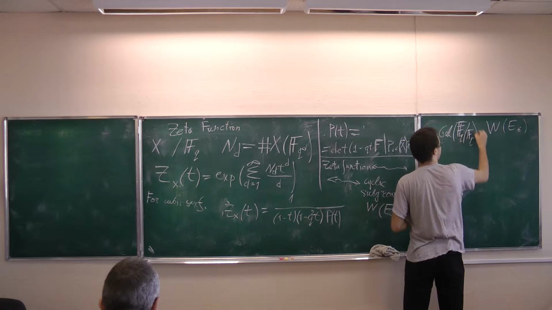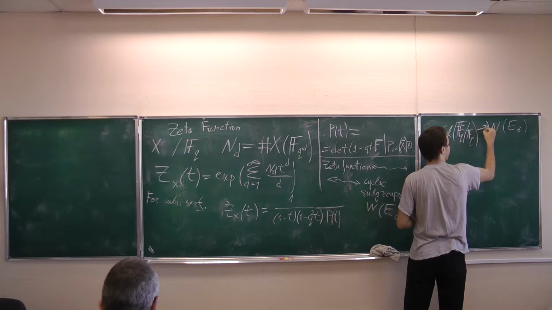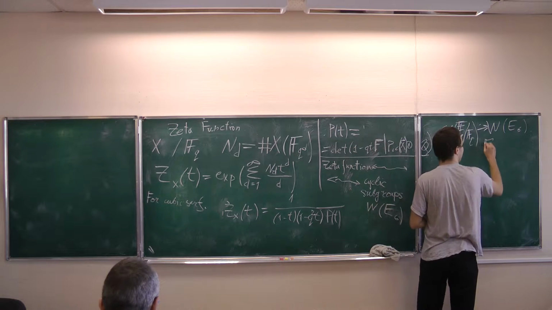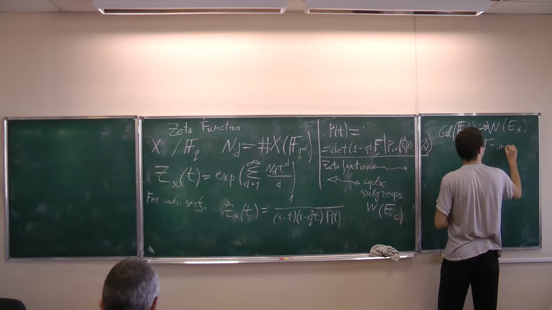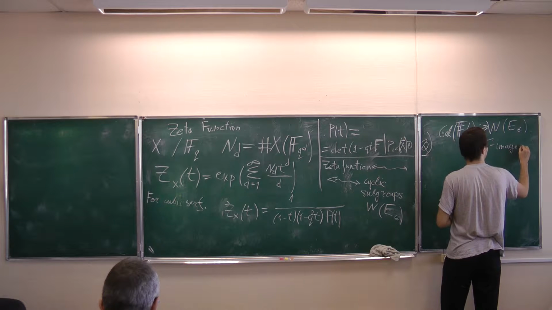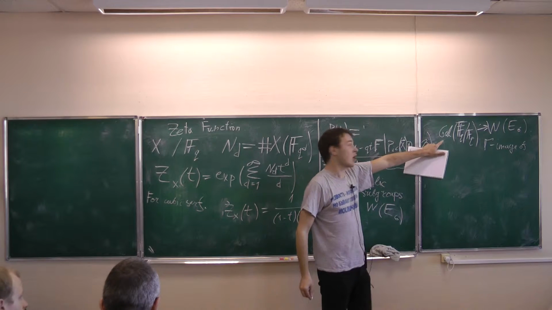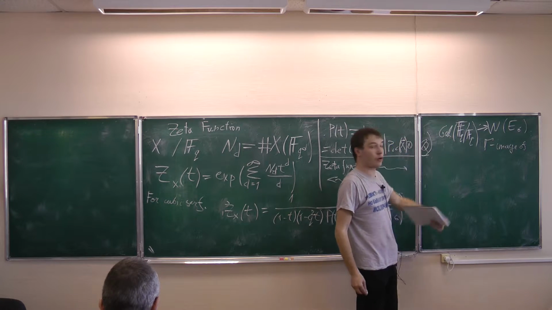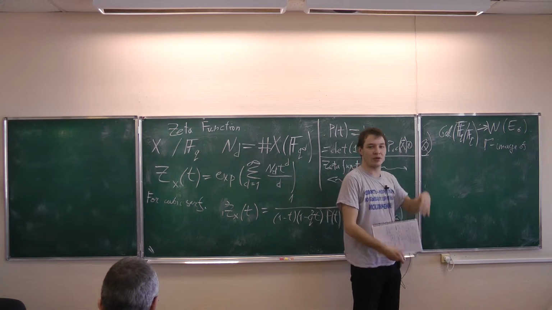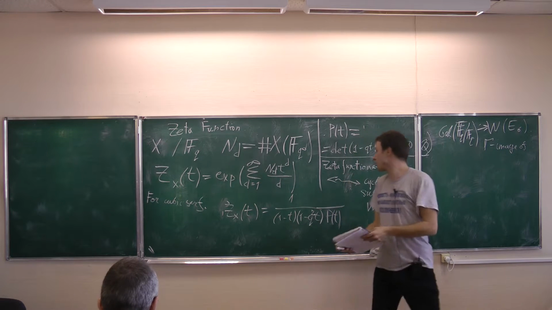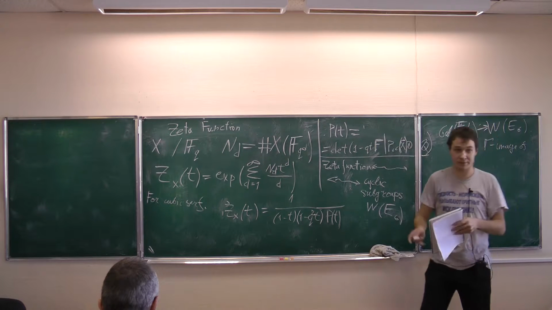And so here I have a map from here to here, and gamma will be the image. This map was discussed in the previous talk. So gamma is the image of the Galois group, and if I know this image, then I automatically know the zeta function, since we have this equation.